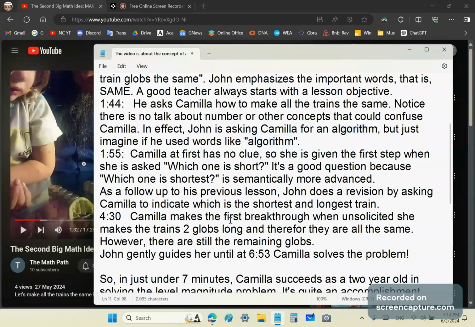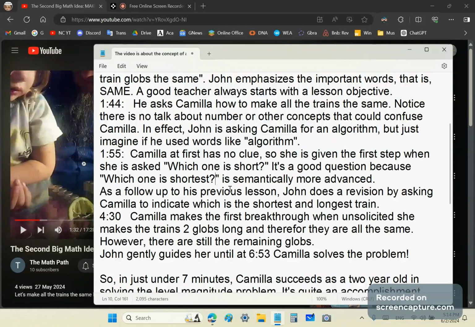At first, Camilla has no clue, and she's given the first step when she's asked which one is short. Here as well, John was careful not to say which one is shortest, because that is semantically more advanced and more difficult for a young child to learn. So he leaves the door open for a number of possible answers.